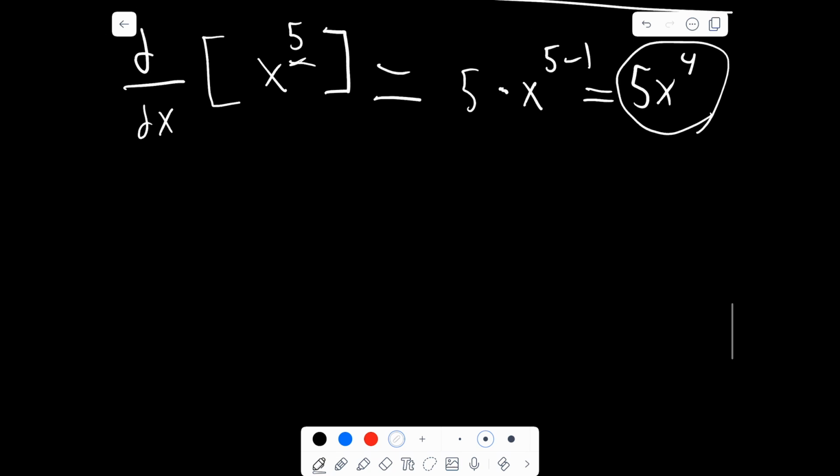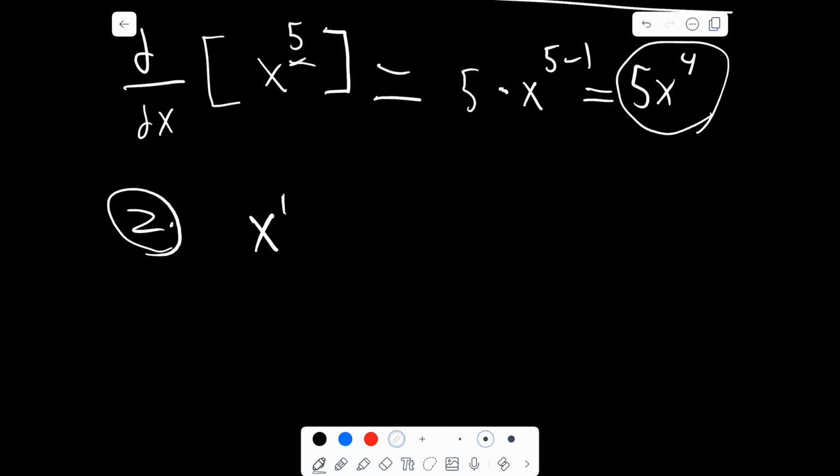So what if we have, for our second example, just a solid x? You might be like, what do I do? There's no n. Well, there is an n. The n is just hidden. X to the 1 is the same thing as x, it appears as nothing if there's a 1 there.